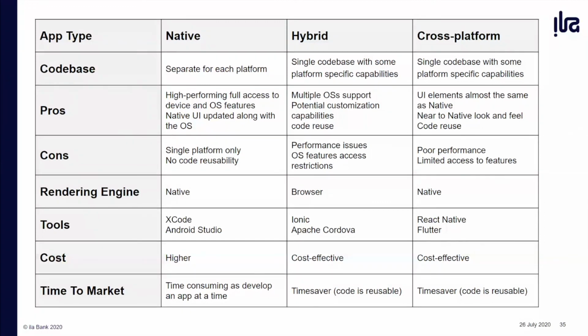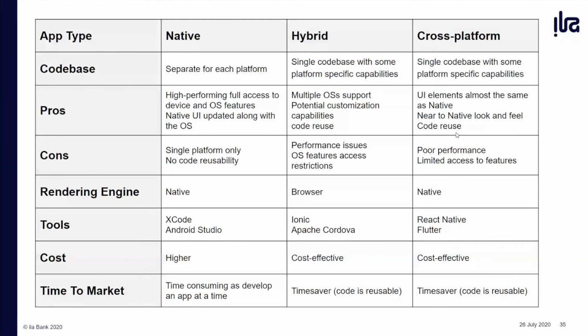So let's say, for example, you want to put some elements from iOS or similar to iOS into Android, you might be able to do some kind of tricks like that. Code is reused also. In cross-platform, your elements are almost the same as native.